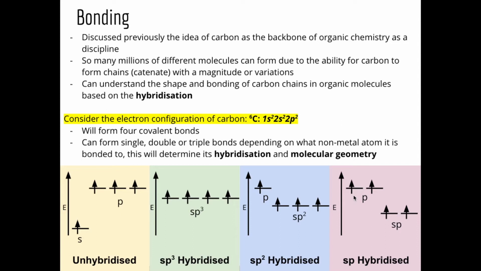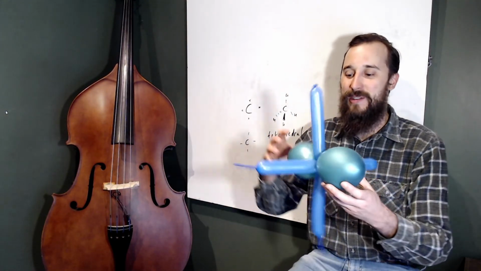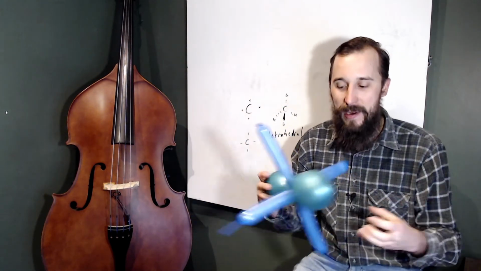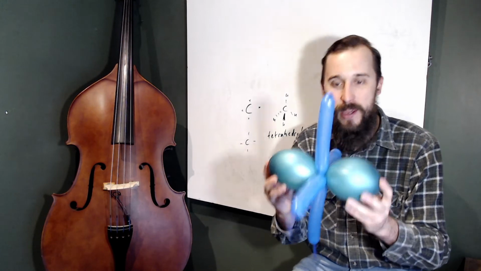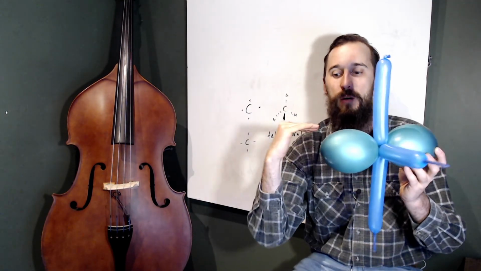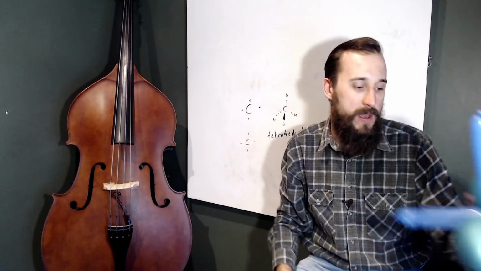So if I were to model that, which I have done with my balloons, then we would have our two sp orbitals, where our s orbital and one of the p orbitals have hybridized and merged to create two equivalent sp orbitals. And then we've got two unhybridized p orbitals. So one p orbital with the balloon going vertically, the other p orbital with the balloon going horizontally. Dumbbell shapes, two lobes for one p orbital.